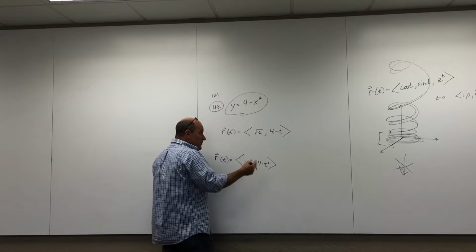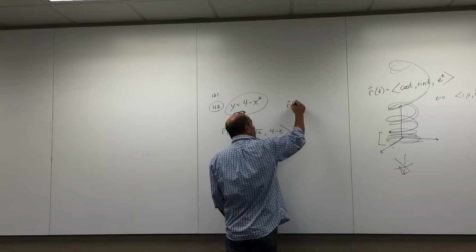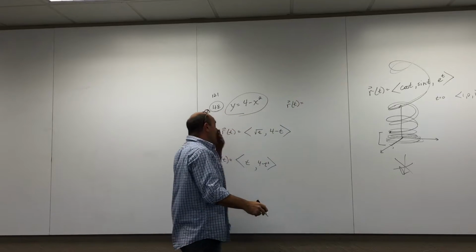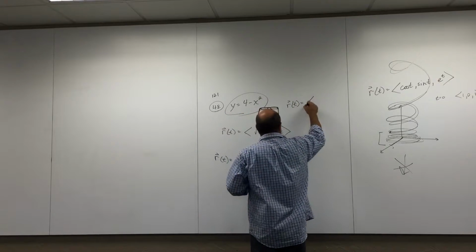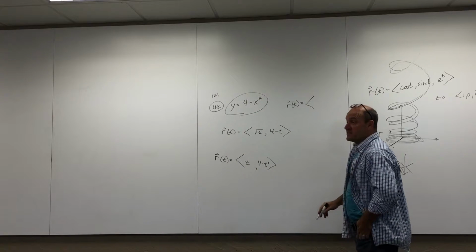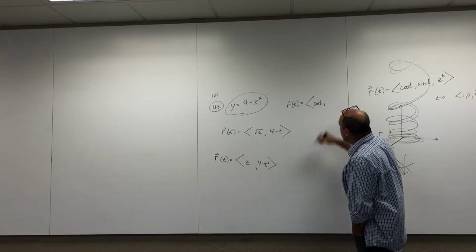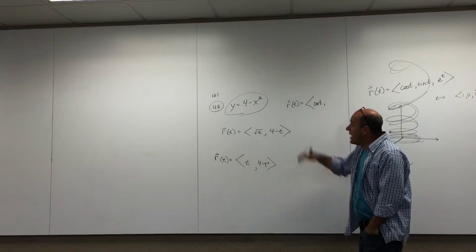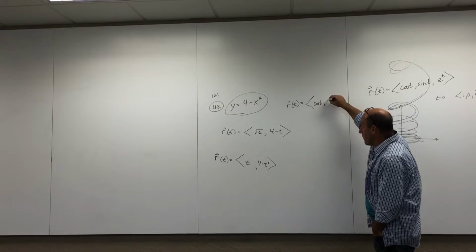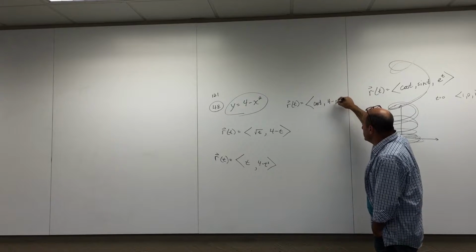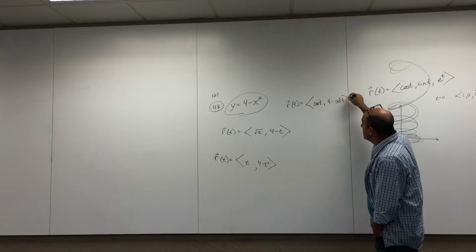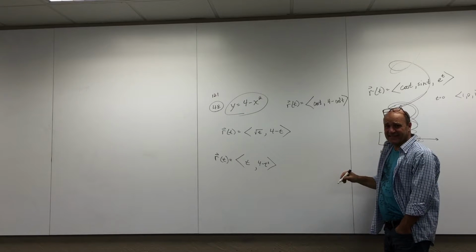Now, here's another one. Maybe I want to do this kind of parameterization. Watch. I want to let x be cosine t. If x is cosine t, what's y? 4 minus cosine squared t. Do you agree? Yeah.